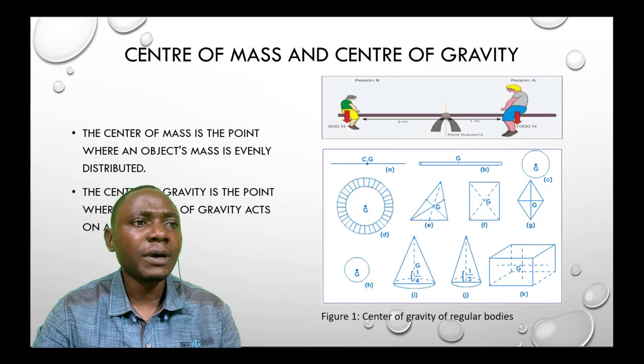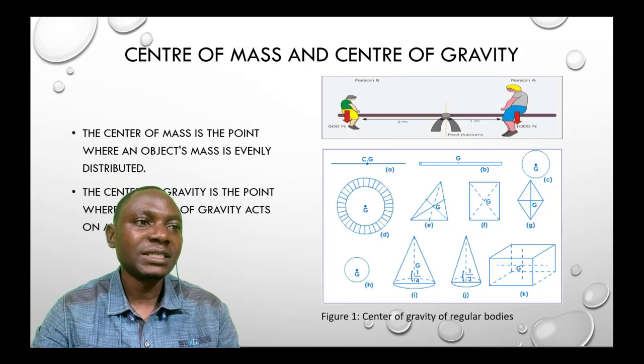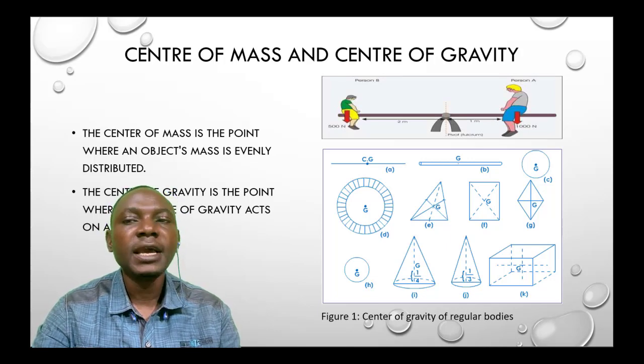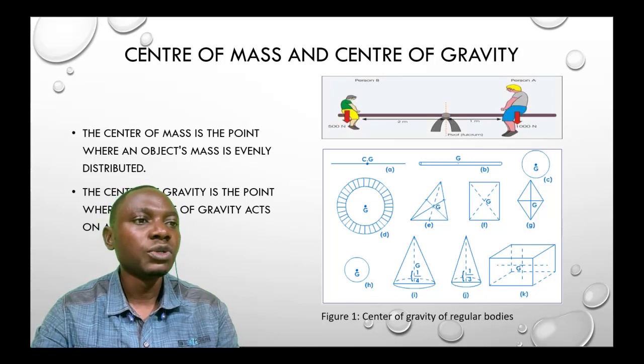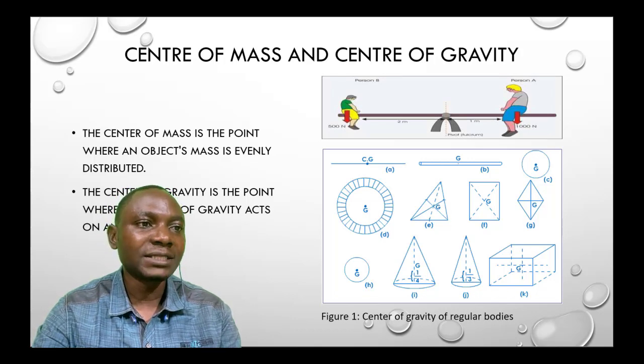When you talk about the center of mass, it is the point where an object's mass is evenly distributed. That's what we call center of mass. It is the average position of all the parts that make up an object. Let me give you an example. A ruler is a straight line.